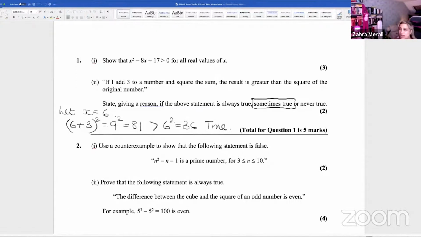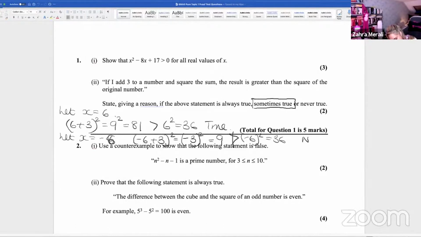Right, now let's try, well, we know the difference would be potentially negative 6. So let x equal minus 6. Minus 6 plus 3 gives you minus 3. And then you're going to square it, gives you 9, which is not greater than minus 6 squared, which is 36.